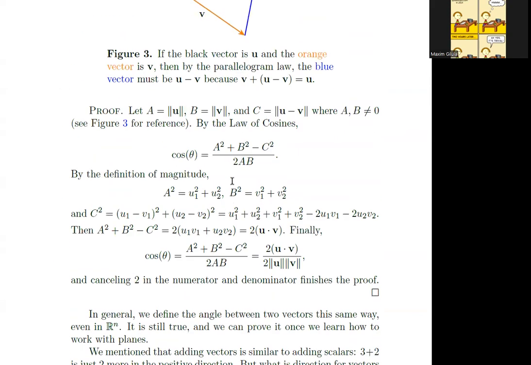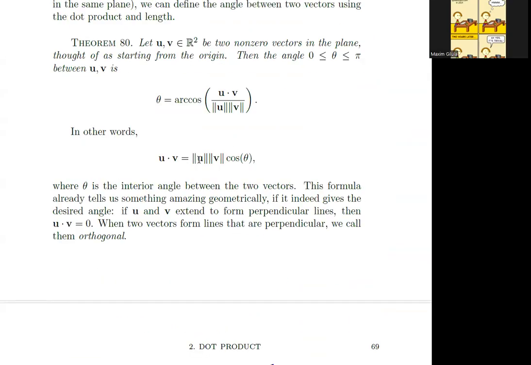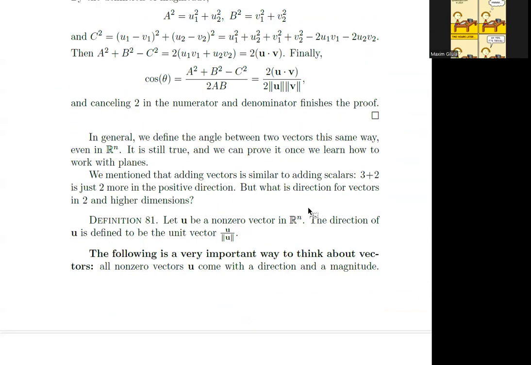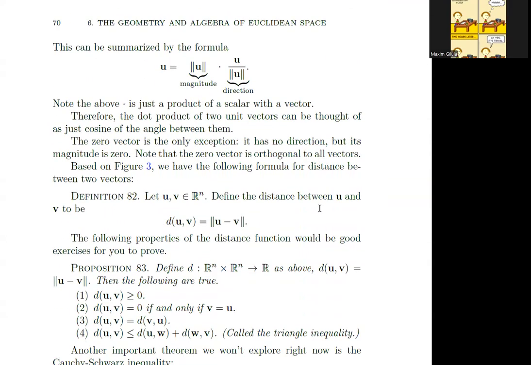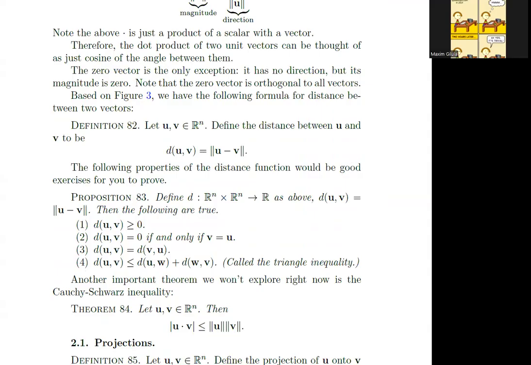Right? Since if we go up here, these will both be 1. So dotting two unit vectors just gives cosine. The 0 vector is the only exception. It has no direction. Its magnitude is 0.